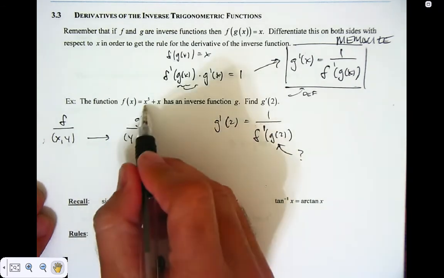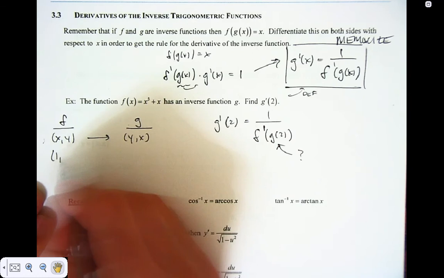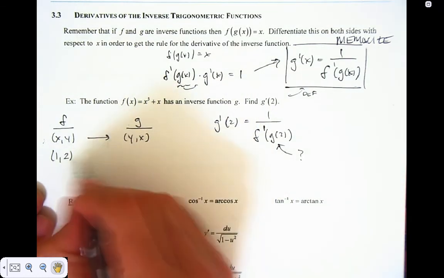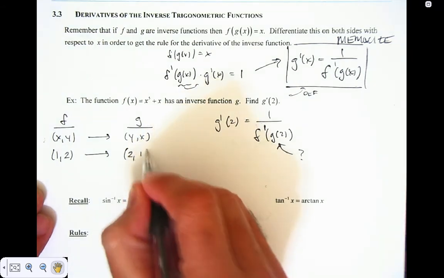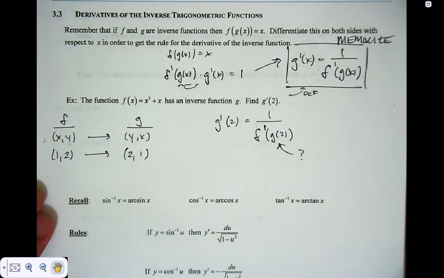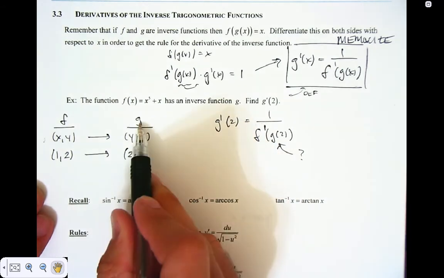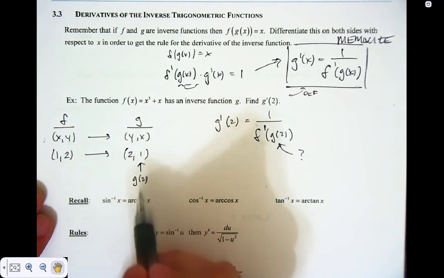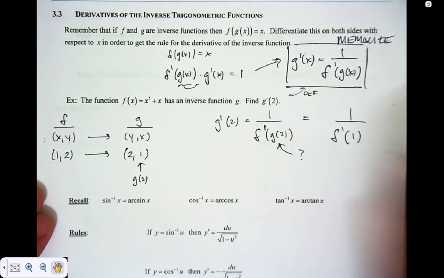And so just a simple point here, if I plug in x as 1, I get a function value of 2. Well, on the inverse function, that tells me that 2 is equal to 1. Okay, and so that's my answer. That is g of 2, right? The g function evaluated at 2 is 1. And so this would become 1 over f prime of 1.